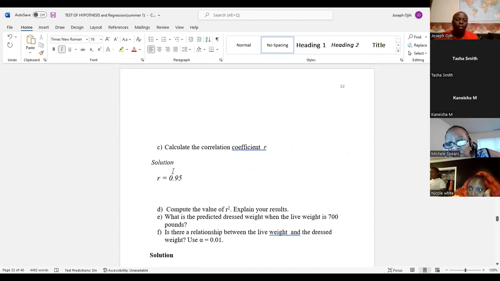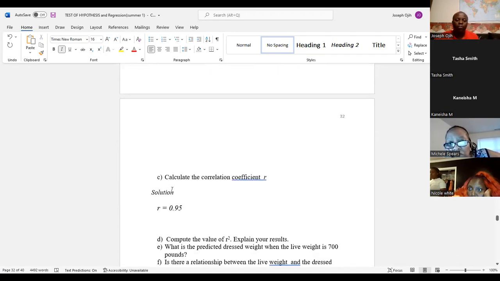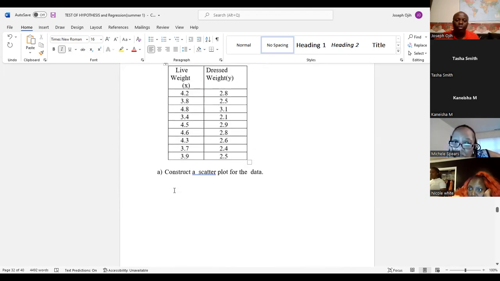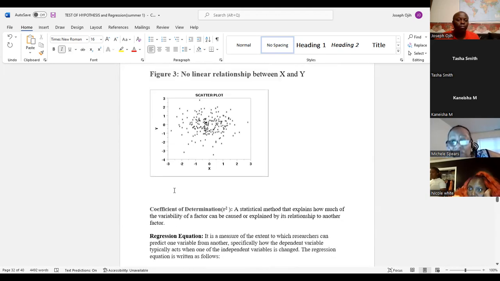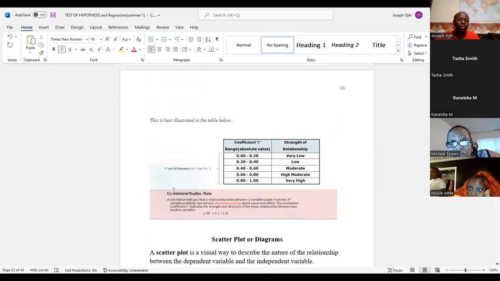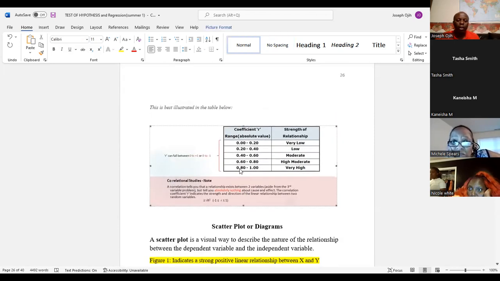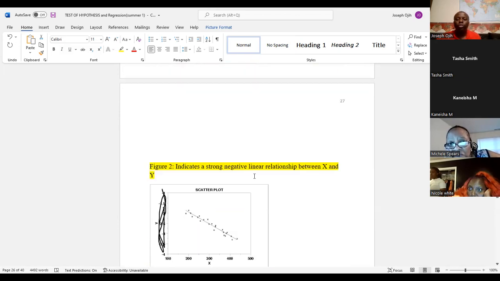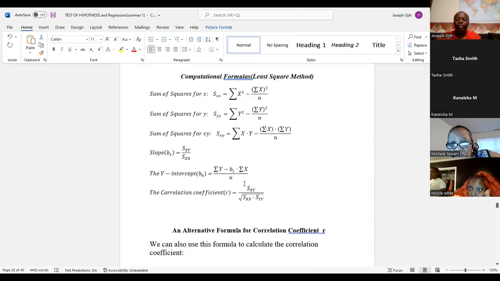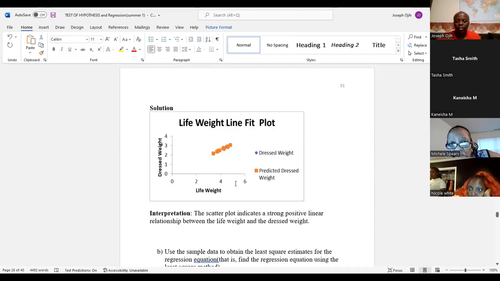If you recall, I showed you the range of values for R. Let me refer you back to that. You can see it falls in this group here, very high, because our answer is 0.95. So the higher the live weight, the higher the dress weight.